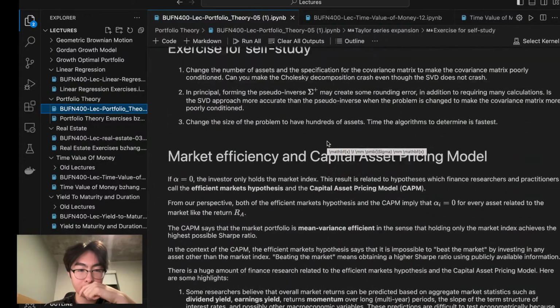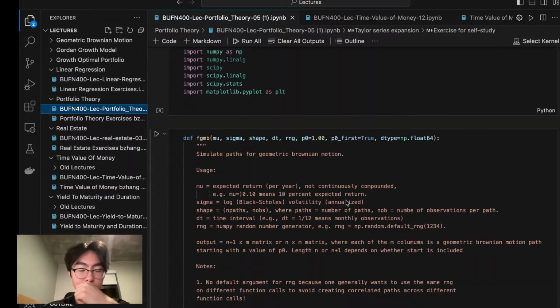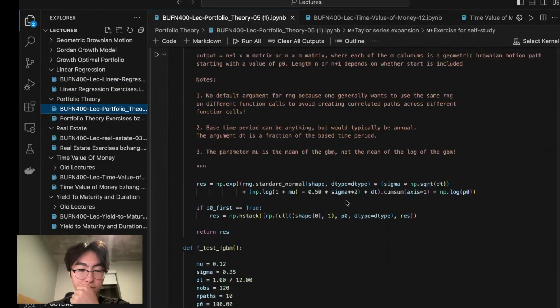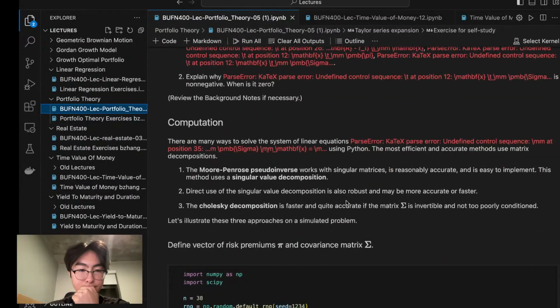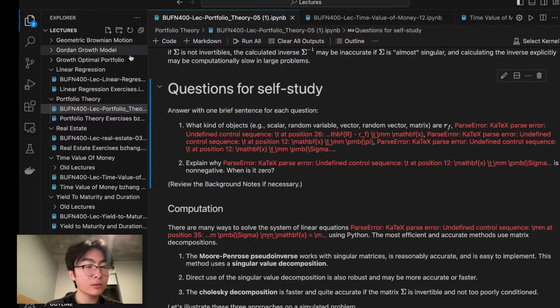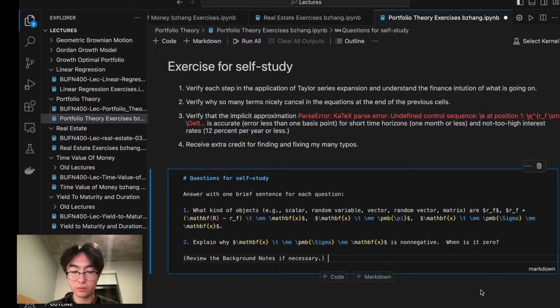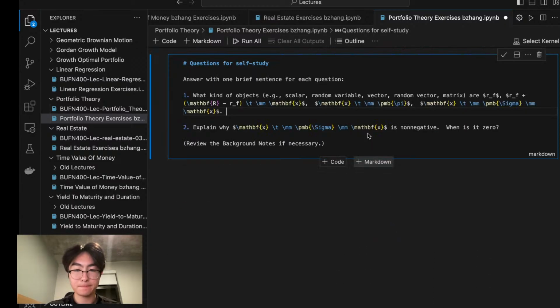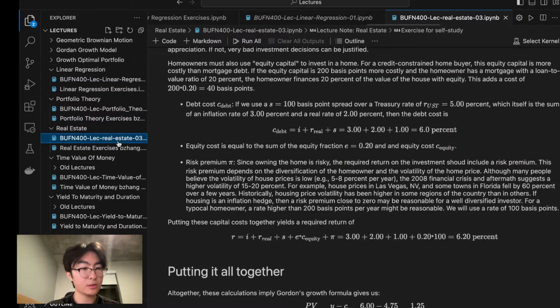Constrained optimization. Okay. Questions for self-study. So we have markdown, real estates.